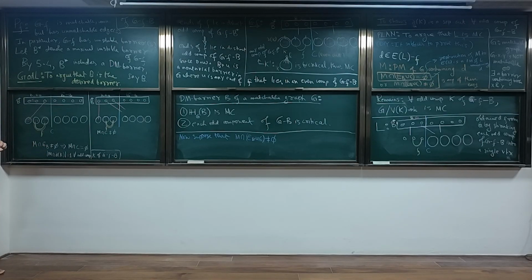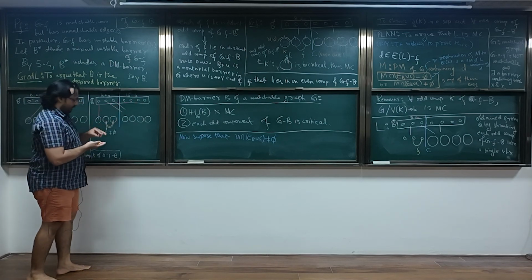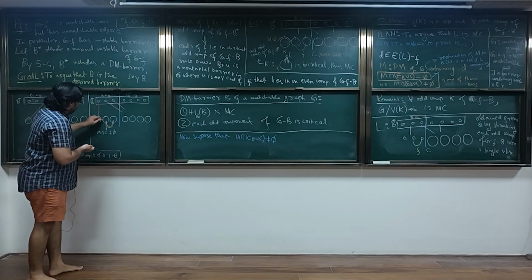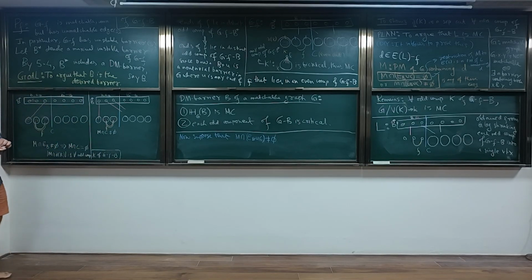Yeah. And now, since there are no edges from here to here, the rest of the perfect matching looks like this. Yeah. Once again, the restriction with every odd component of G minus F minus B is 1. Is that correct? So we are done in this case.